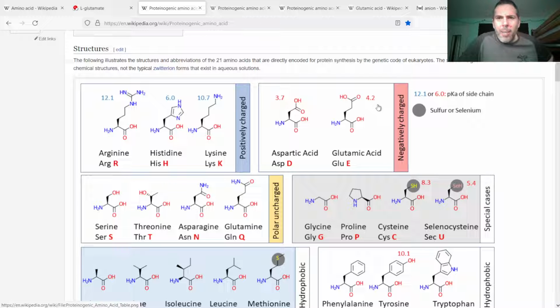I didn't talk about pKa before. But you can see here pKa 4.2. So if glutamic acid was floating around in some environment of pH 4.2, you'd expect roughly half of the glutamic acids to be protonated and half to be deprotonated.